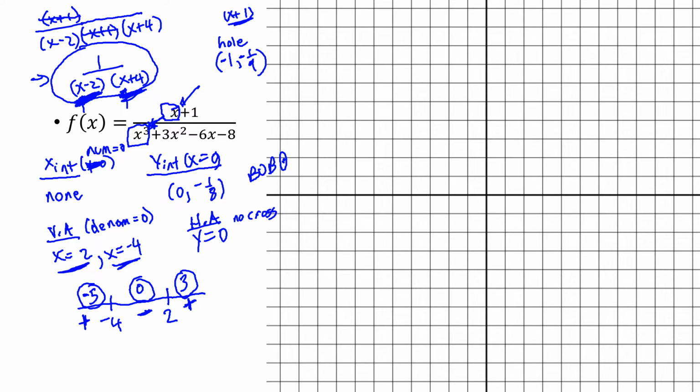So first, let's put in the asymptotes. We have a vertical asymptote at -4. So here's -4. And we're going to go ahead and put our vertical asymptote in.